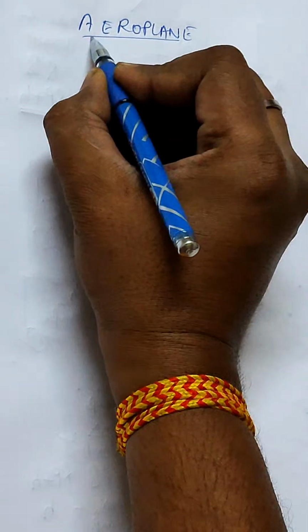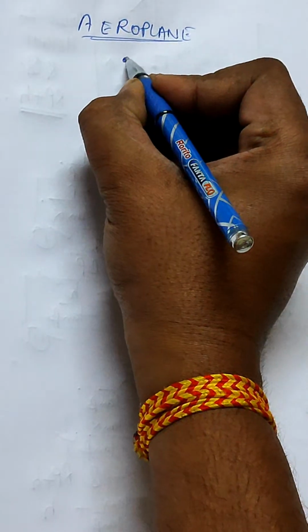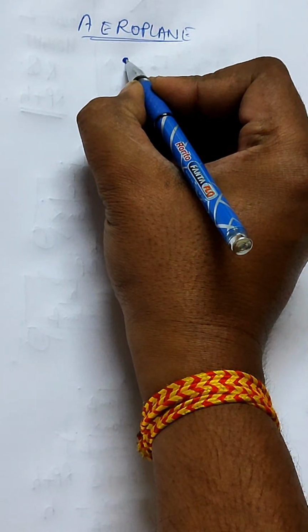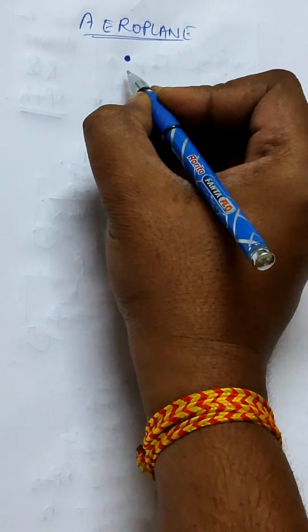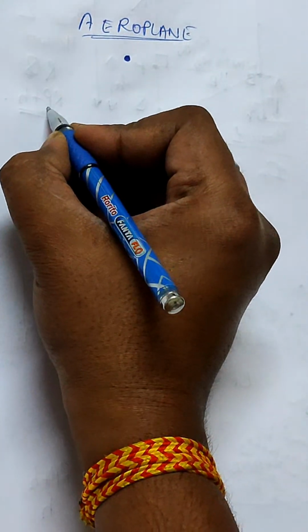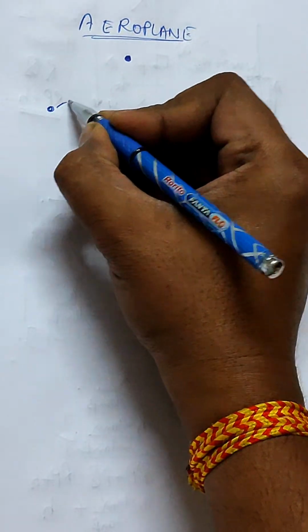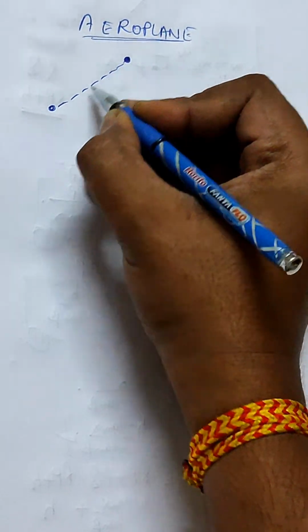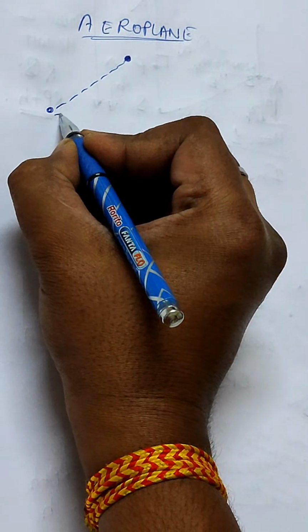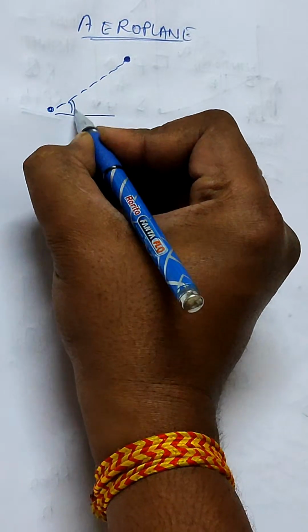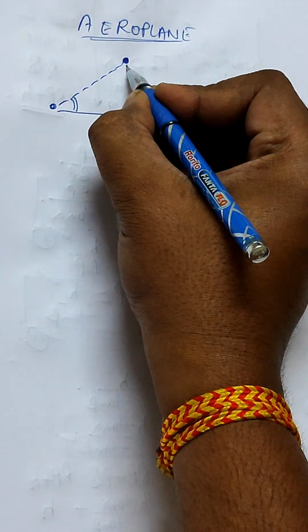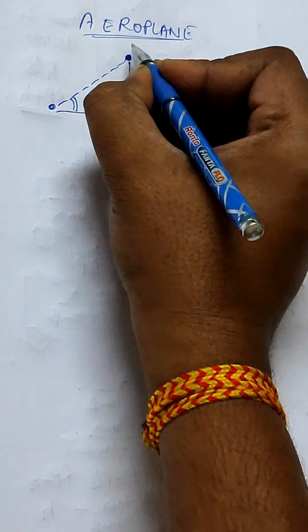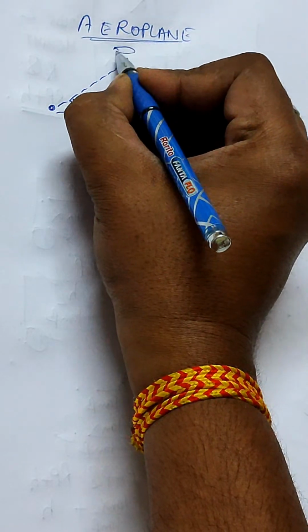So the aeroplane is there and the elevation of the aeroplane from a point on the ground. Let's say this is a point on the ground and this will be the angle of elevation. Here is the aeroplane.